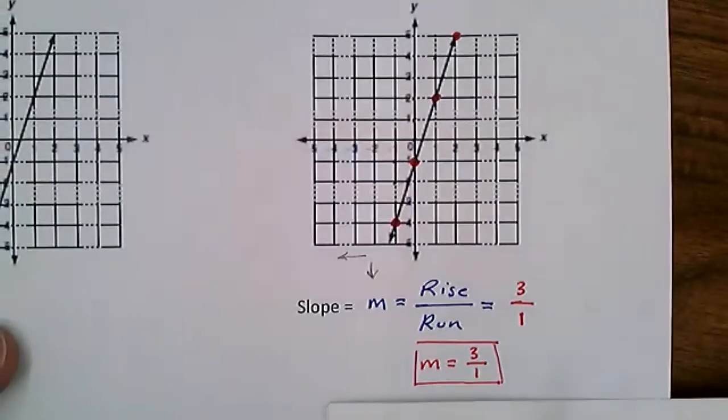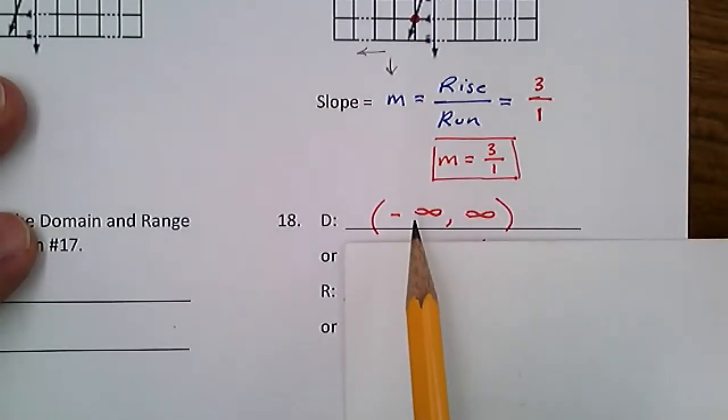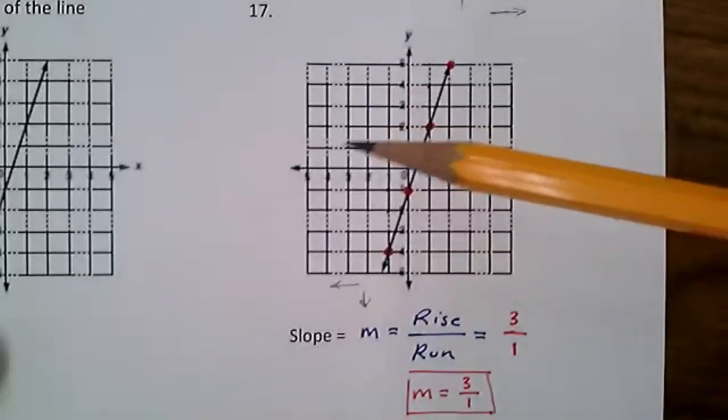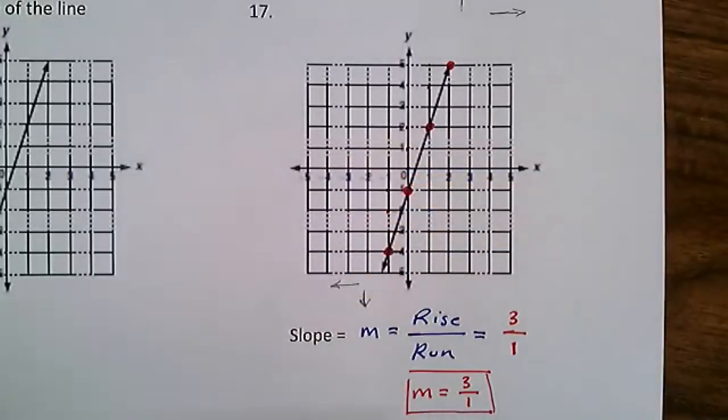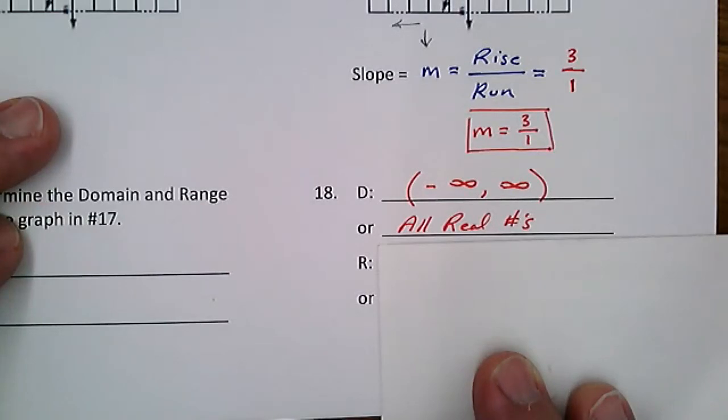Since it's got arrows, it's going to go to infinity, negative infinity and positive infinity, because it's going to go that way forever, and also that way forever. The other way to say that is all real numbers.